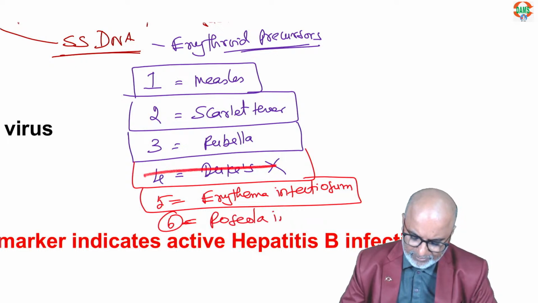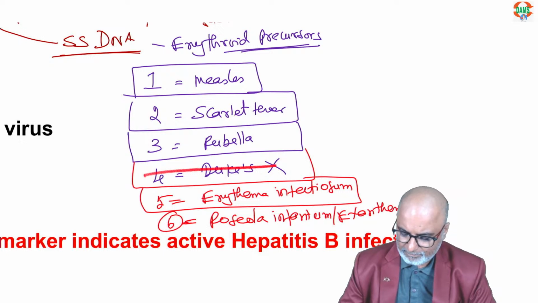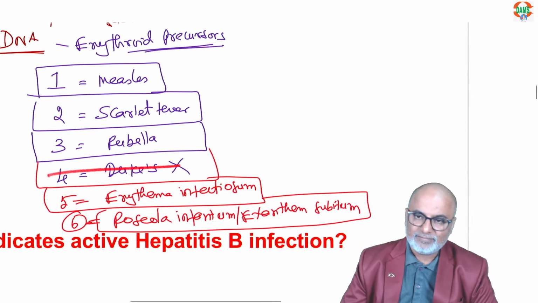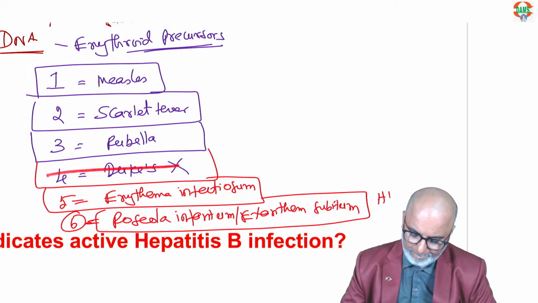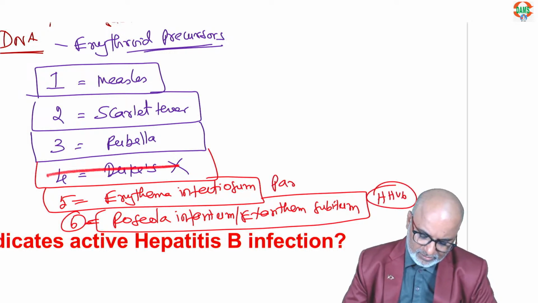Roseola infantum, otherwise called exanthem subitum, is caused by human herpes virus 6. The fifth disease is caused by parvovirus.